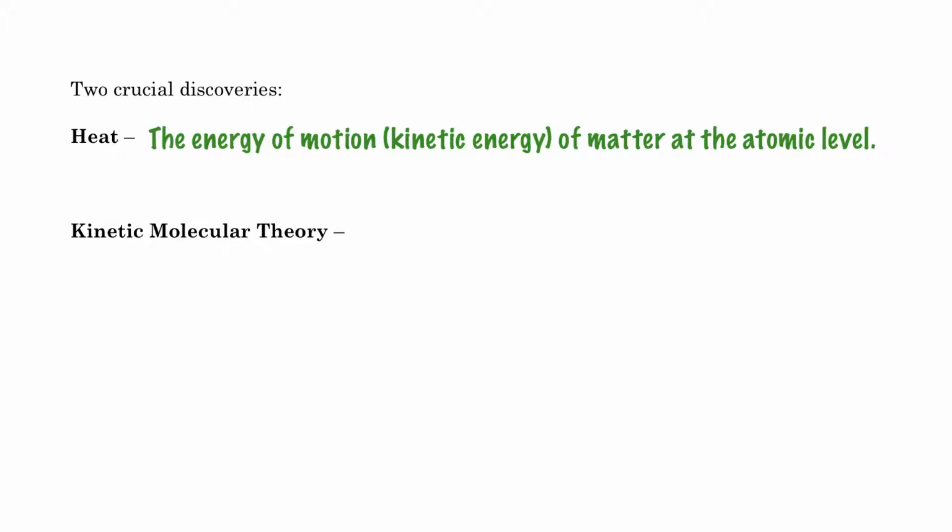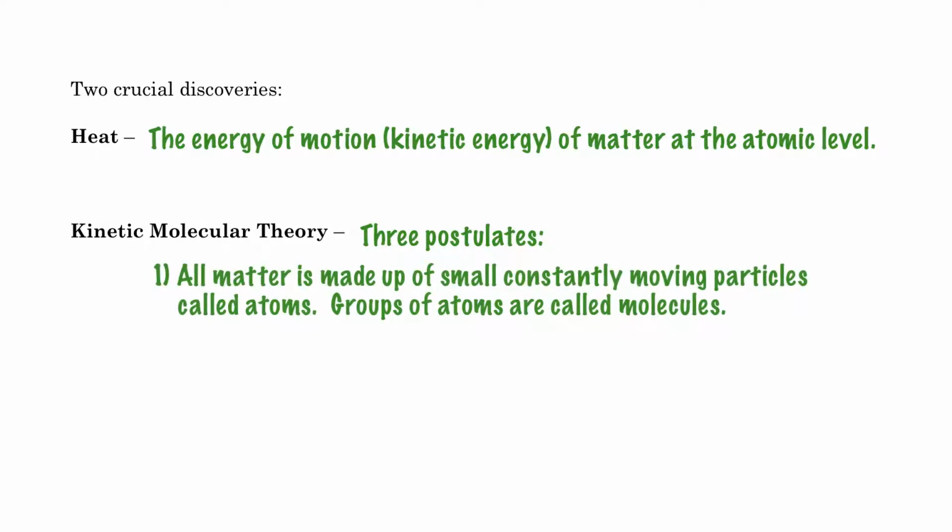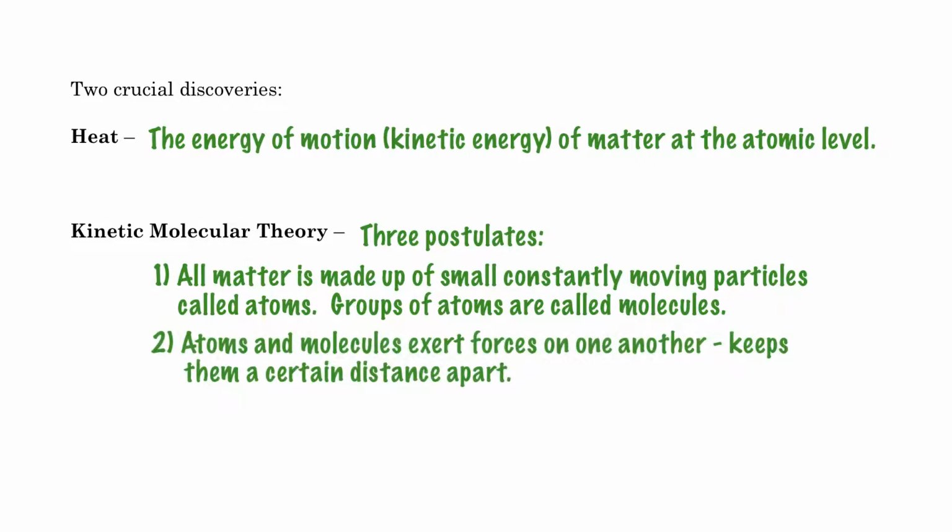Also, the kinetic molecular theory had three postulates. Number one is that all matter is made up of small, constantly moving particles called atoms. Groups of atoms are called molecules. You've seen that in grade 9 science, possibly even before. Number two, atoms and molecules exert forces on one another, and that keeps them a certain distance apart.